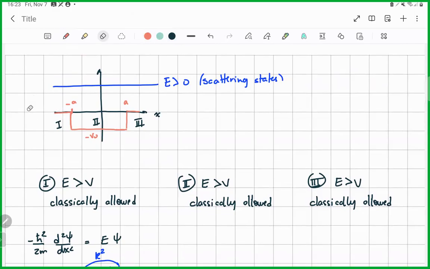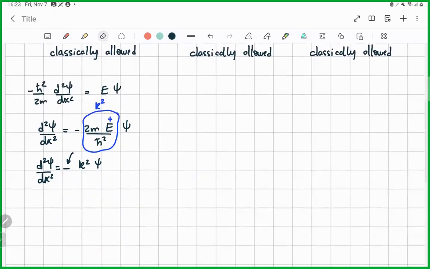So in this sort of region, it's more convenient to write the solution in terms of exponential with i. And so I'm going to write this solution as a constant times exponential plus i kx and a constant times exponential minus i kx.